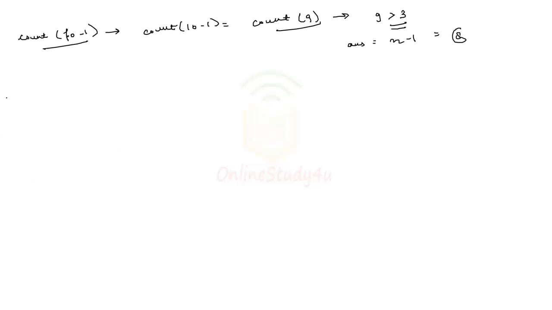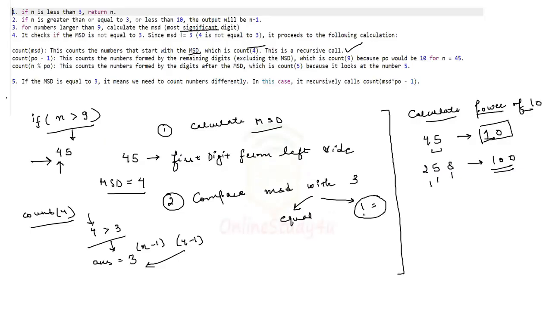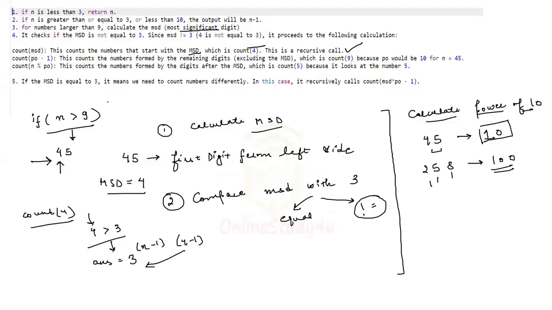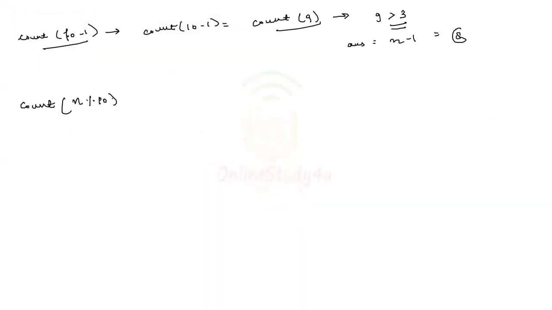You have counted the numbers that start with MSD, and also the numbers that are formed by the remaining digits. That means the numbers that can be formed by the remaining digits, excluding the MSD. Now another thing you will count is N mod PO.